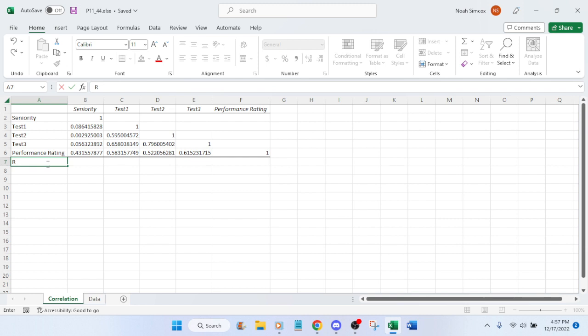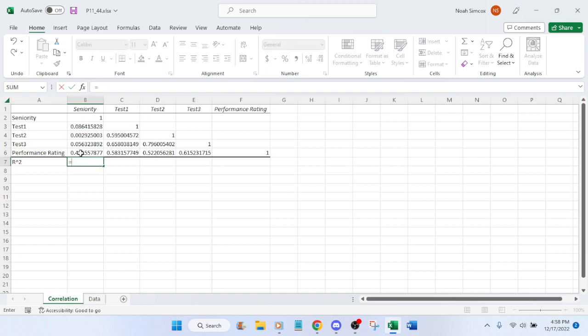Why doesn't Control-Shift-Plus work? I looked it up. That's how you're supposed to do it. Why? R squared. I'm just going to do caret 2. Whatever.